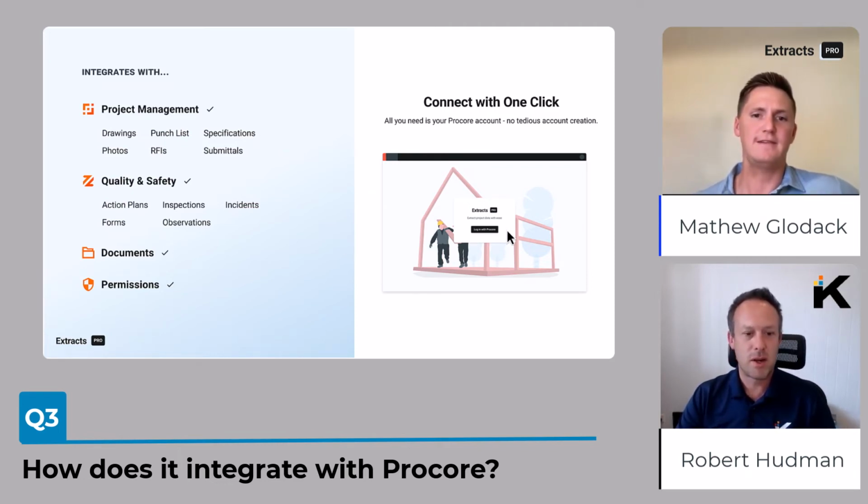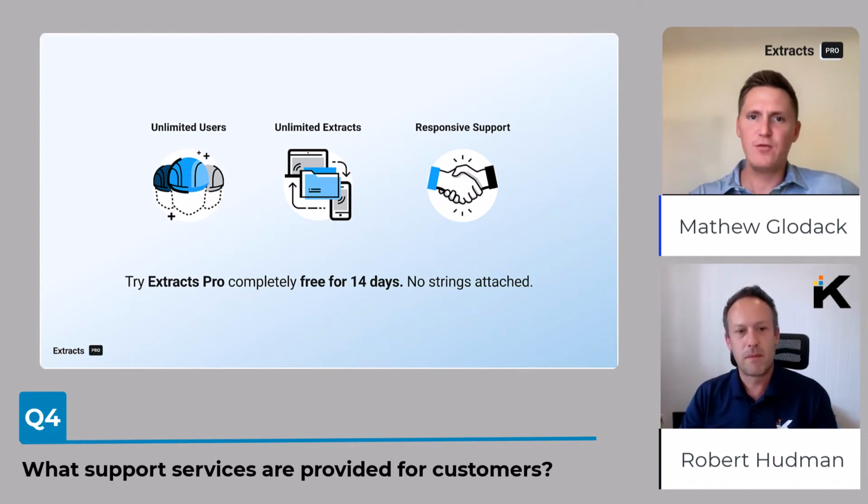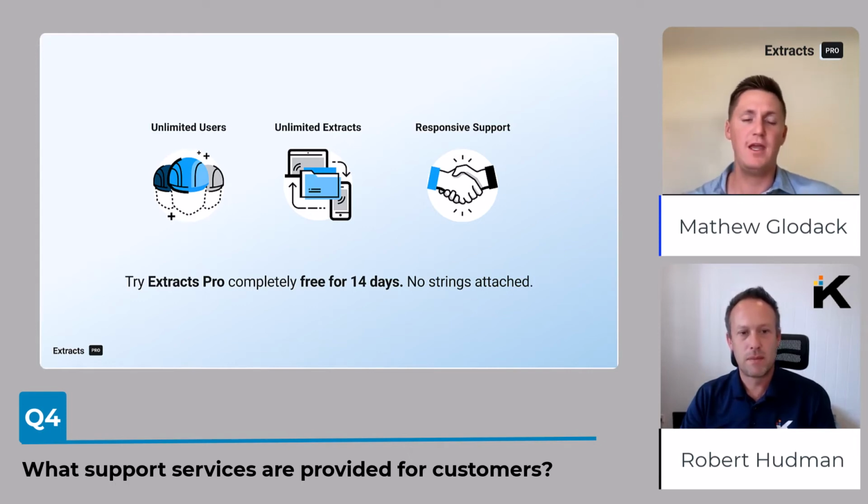Correct. Fantastic. So let's say we've decided to go with Extracts Pro. Let's talk about the journey: how do you go with the setup, implementation, and ongoing support? We've tried to make everything as self-service as possible. We offer a 14-day free trial, and licensing can either be managed by the user themselves, paying for an individual project that needs access, or folks can purchase enterprise or bulk pricing.